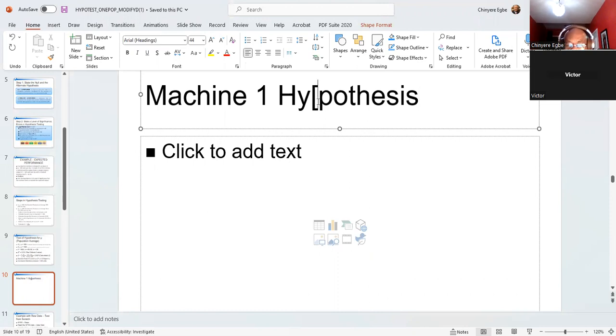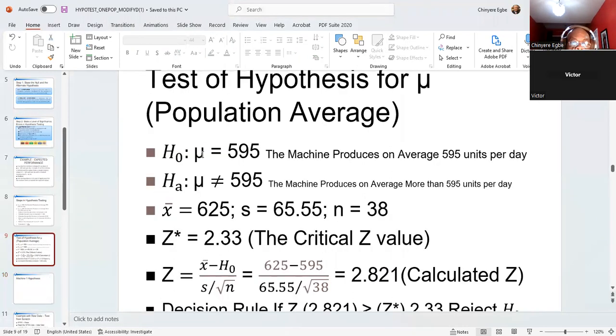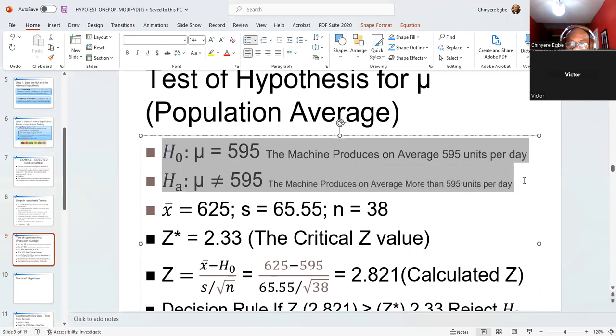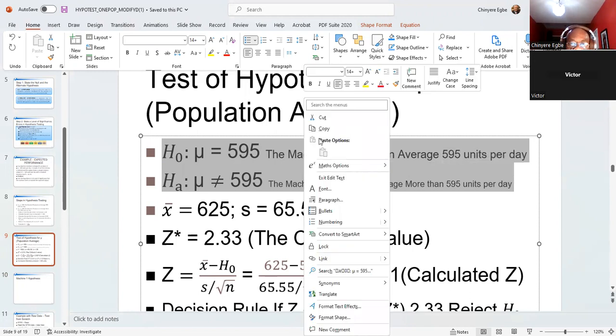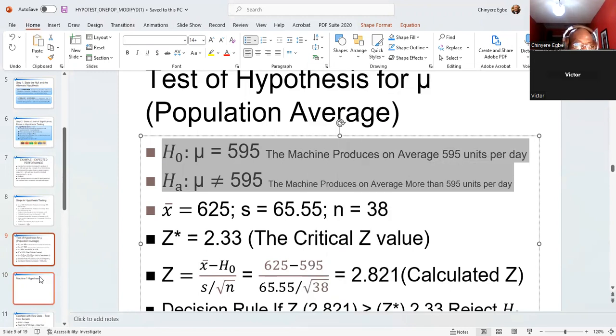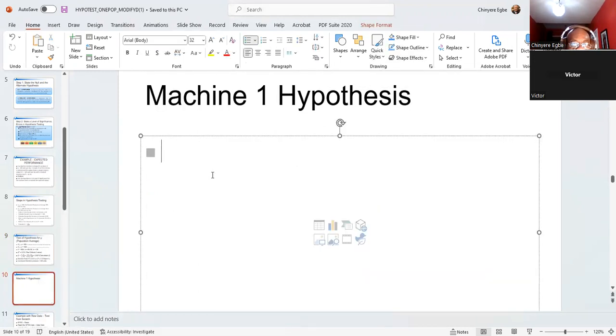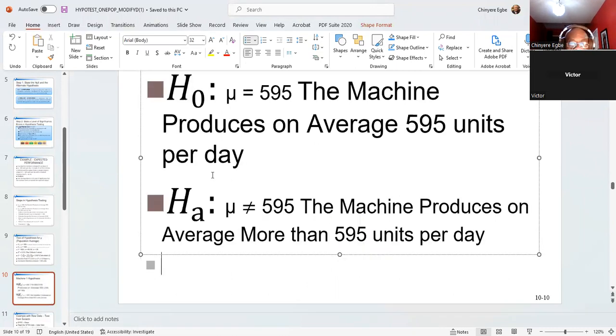All right. So this is what we're doing. The null hypothesis, I'm going to change the null hypothesis. Now, first of all, we said the machine should be operating at 85% of capacity. Am I correct?